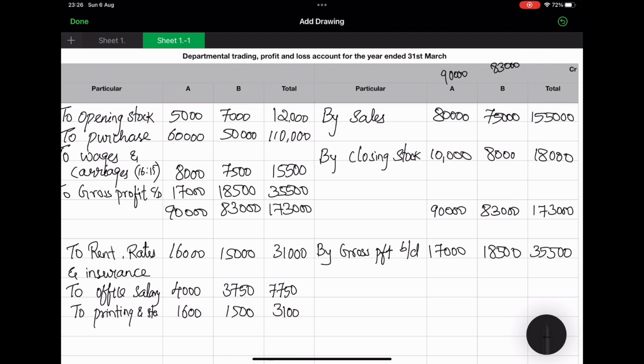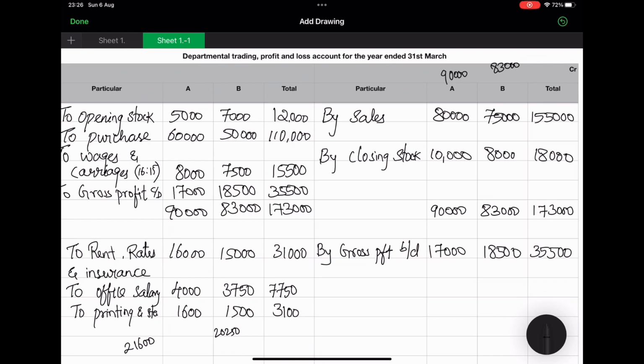Okay, so now we are going to again add total debit side of P&L account and total credit side of P&L account. Okay? If we add debit side of departmental A, we are going to get 21,600 as total. For departmental B, 20,250.